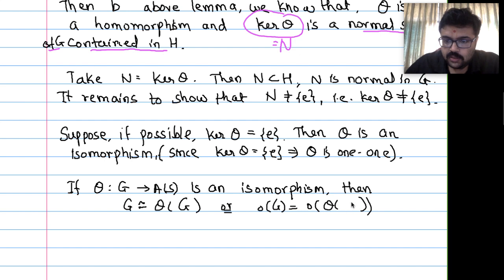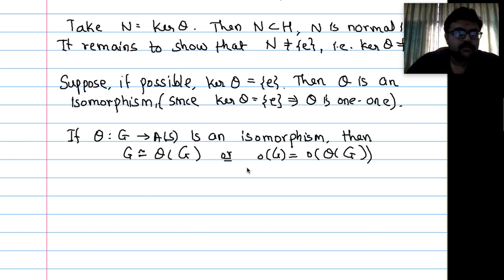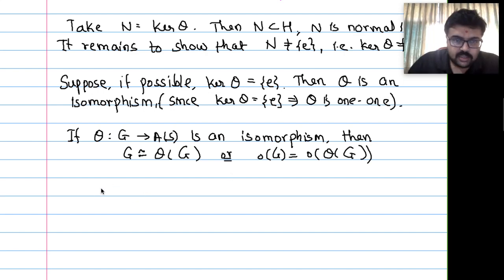So this is theta of G. Order of G is same as order of theta of G. So theta of G is in AS. So not theta of AS, sorry, that is theta of G. So if they have the same order, we can say that order of theta G is what? It is a subgroup of AS.